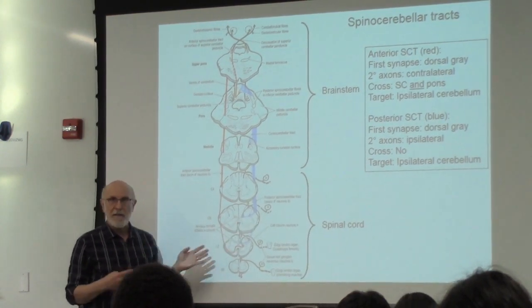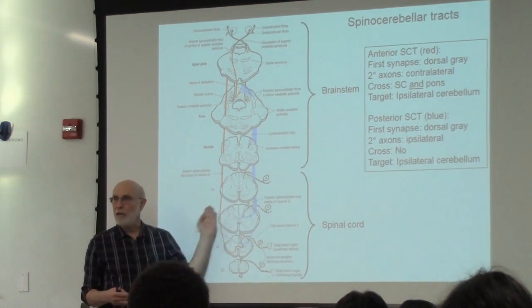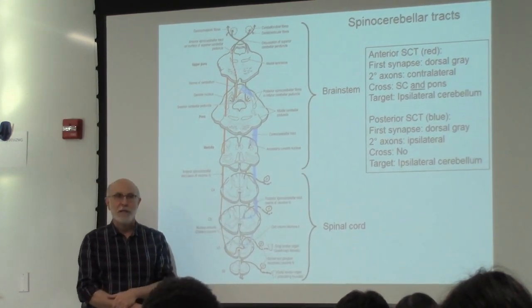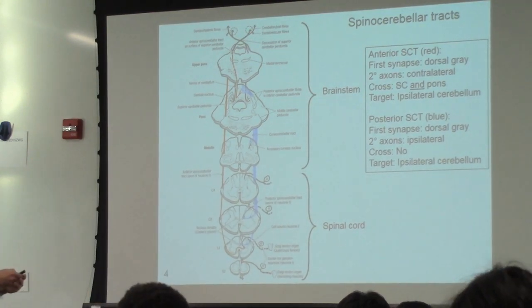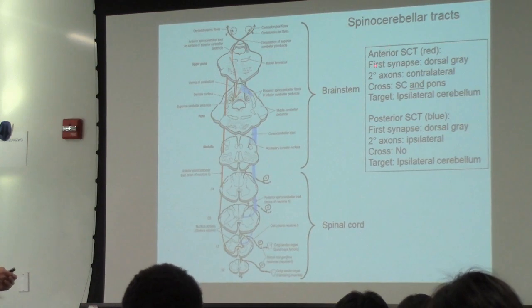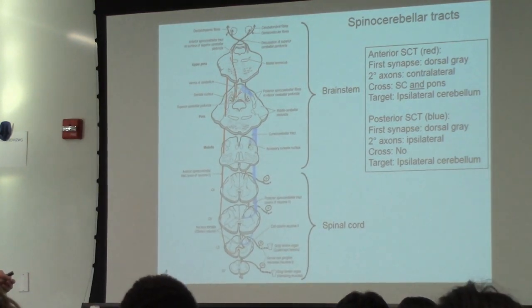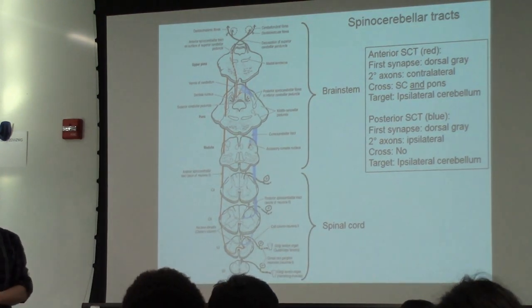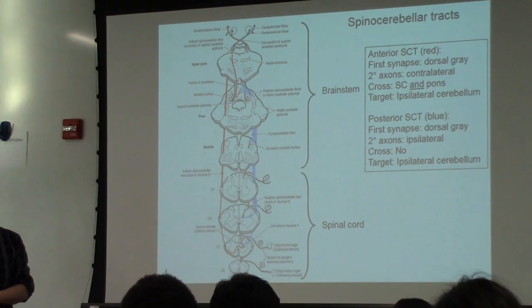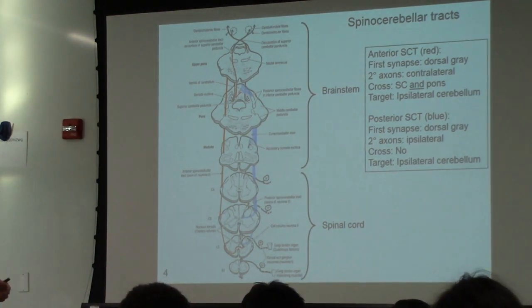So it's not that they're segregated. The anterior is on both sides, and the posterior spinocerebellar tract is on both sides. In the anterior spinocerebellar tract, the first synapse is in the dorsal horn, gray matter, just like in the pain and temperature sensing axons.